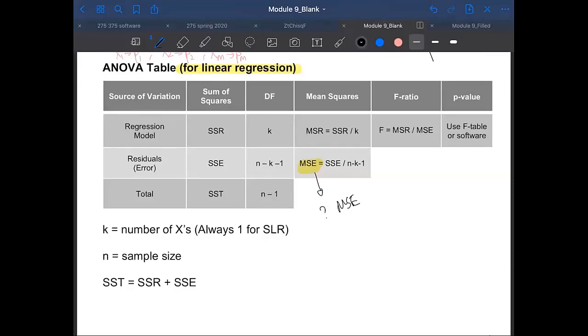So we want to assess our model, how good it is. MSE is one criterion we can use for simple linear regression assessment, right? So MSE is related to assessing the goodness of our model.